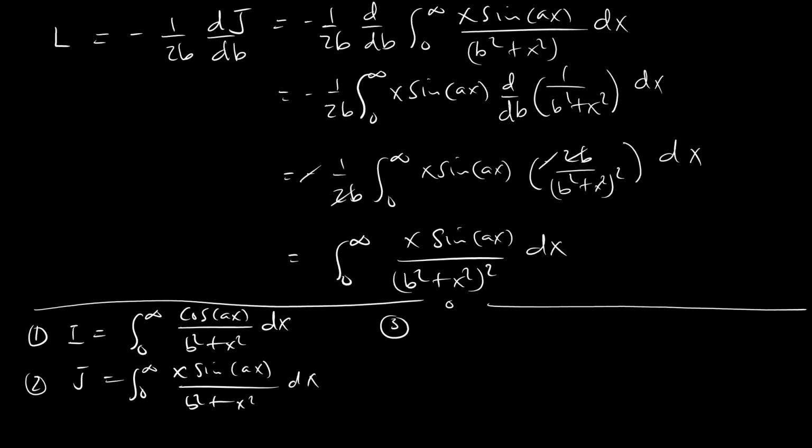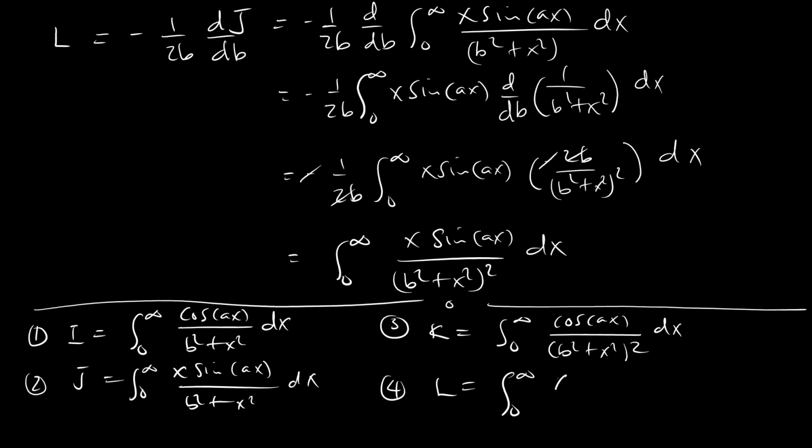Number 3, K, which is equal to the definite integral from x equals 0 to infinity of cosine of ax over b squared plus x squared, squared. And lastly, problem number 4, L, the integral from 0 to infinity of x sine ax over b squared plus x squared, squared dx. These are the 4 problems that we'll solve by solving I.